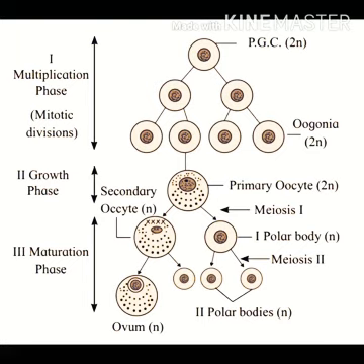Fertilization means the union of male and female gamete. In this division also, two unequal daughter cells are formed. The large cell is ovum and the small cell is the second polar body. Both the ovum and second polar body are haploid in number.